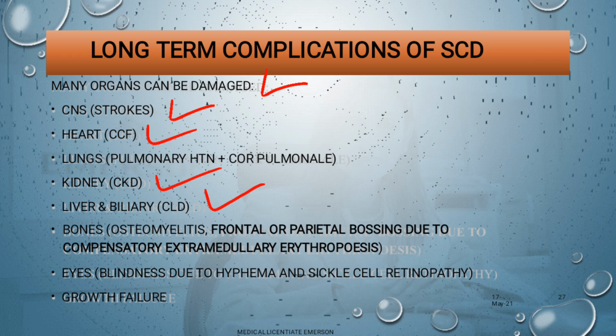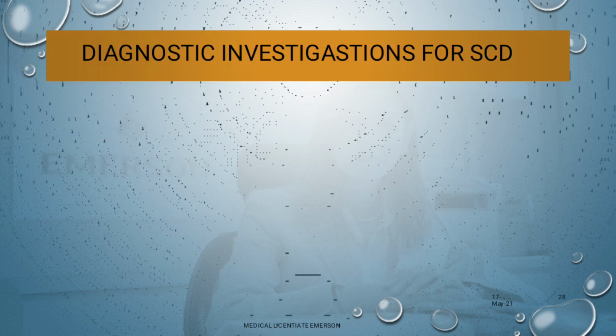You can have osteomyelitis, frontal or parietal bossing due to compensatory extramedullary erythropoiesis. Okay, we can have blindness due to sickle cell retinopathy, and also growth failure. Those are some of the long-term complications.